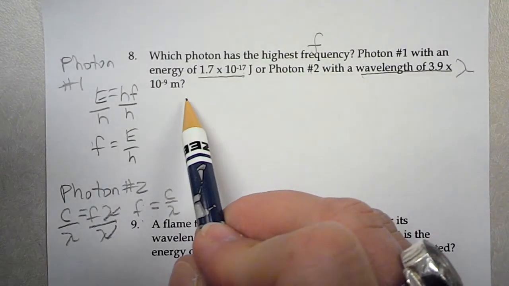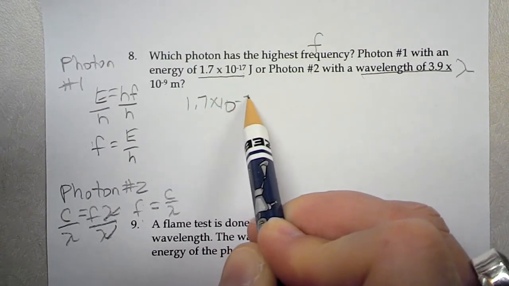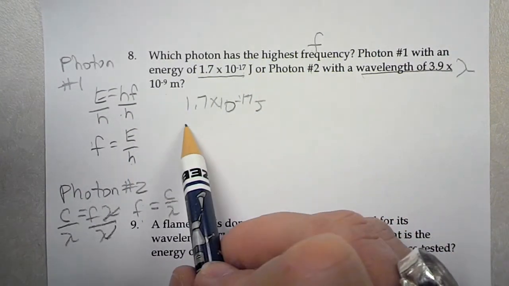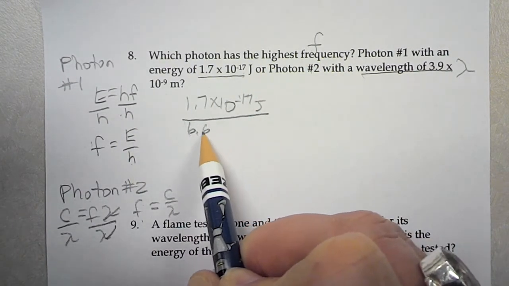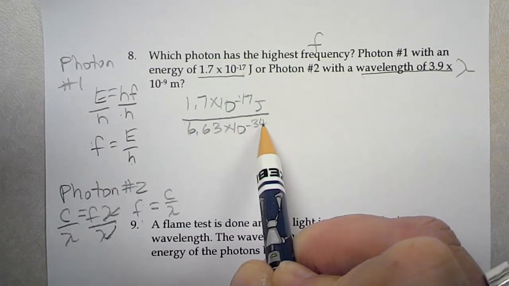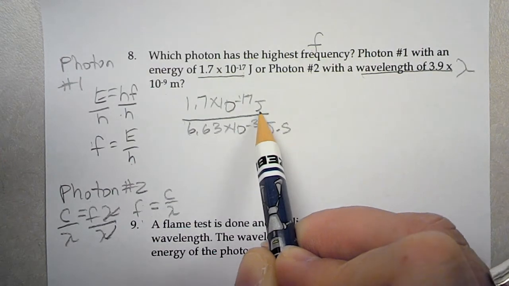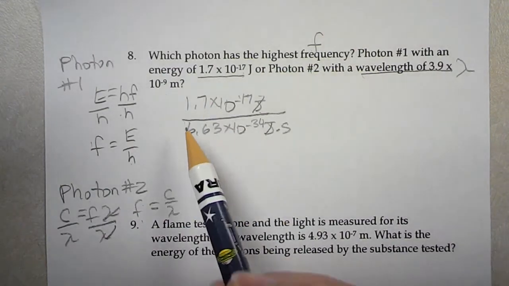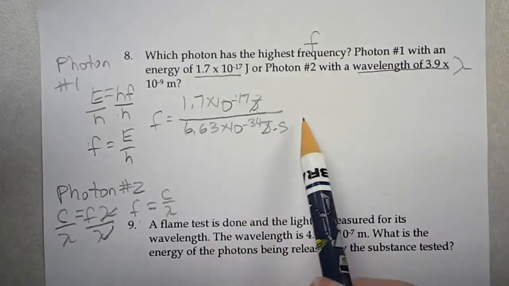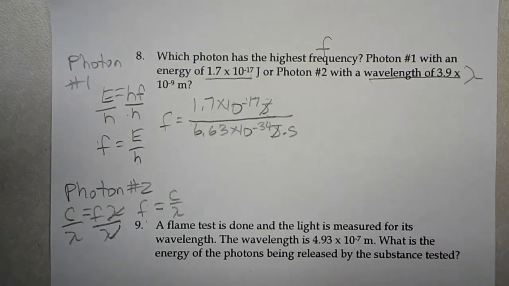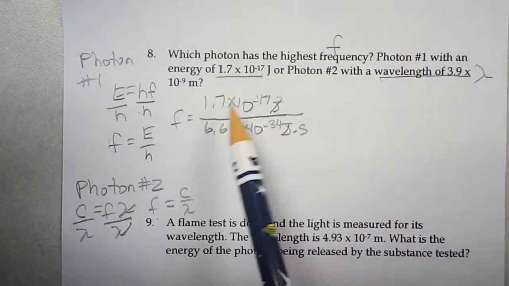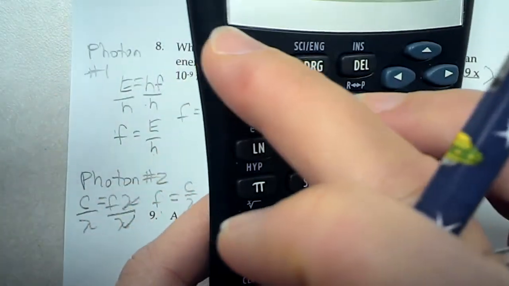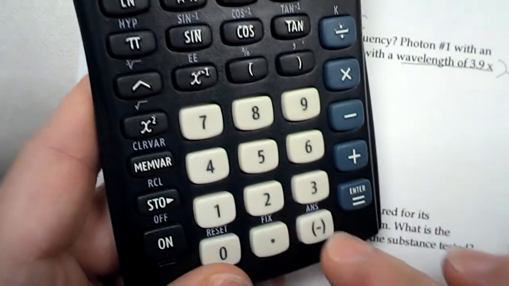So photon 1 has an energy of 1.7 times 10 to the negative 17th joules, okay? And I need to divide that by Planck's constant, so 6.63 times 10 to the negative 34 joules seconds. That's the units. So my joules will cancel, and so I'll get a frequency in hertz, which is good because per second and hertz are the same thing. Now remember how to type that in your calculator. The 1.7 times 10 to the negative 17 is going to be 1.7, second, EE, negative 17.